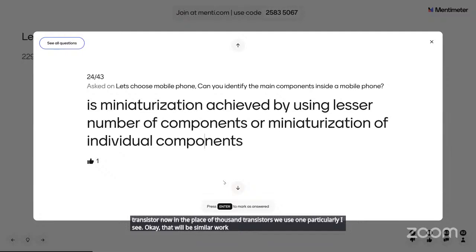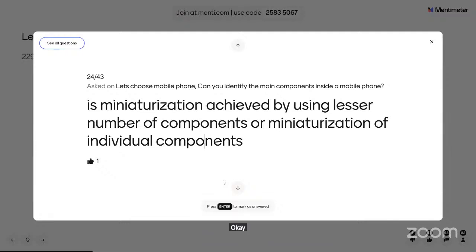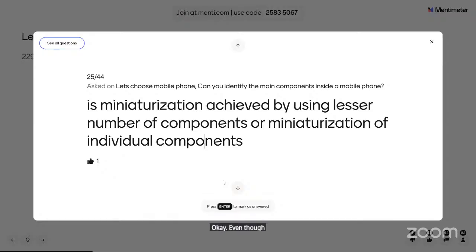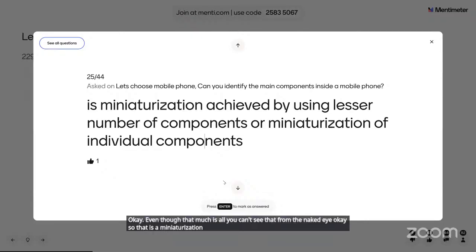So we miniaturize it. Initially the transistor size was very large, in the starting of its evolution about the size of a room. Now it is very small, so small that you can't see it with the naked eye. That is the miniaturization of individual components.